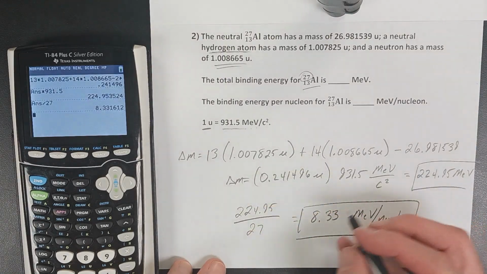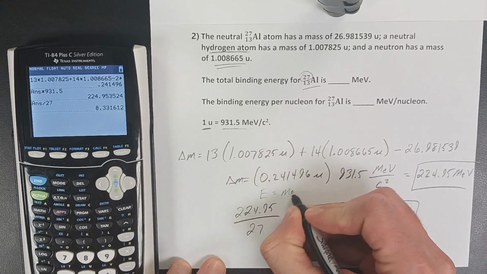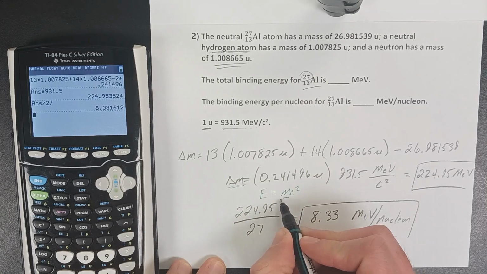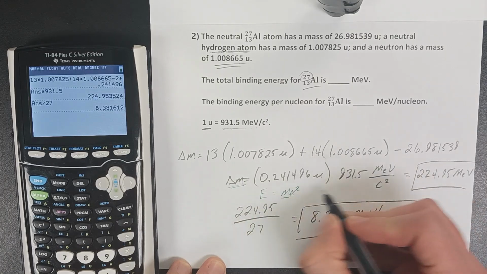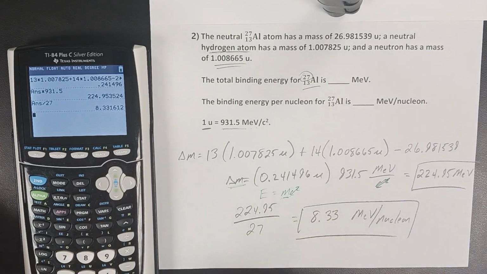Side note, when calculating energy, we're doing mc squared. I was showing m here because we're also multiplying by c squared. That's where these c squareds were canceling out, but I failed to show that a minute ago.